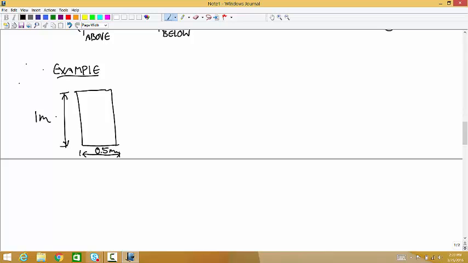So where's the neutral axis for this shape? Oh, and I have to choose a y1. So let's say that y1 is 0.8 meters from the bottom. And we want to calculate Q.